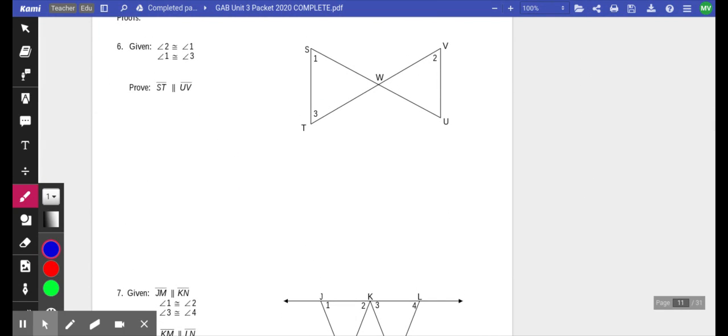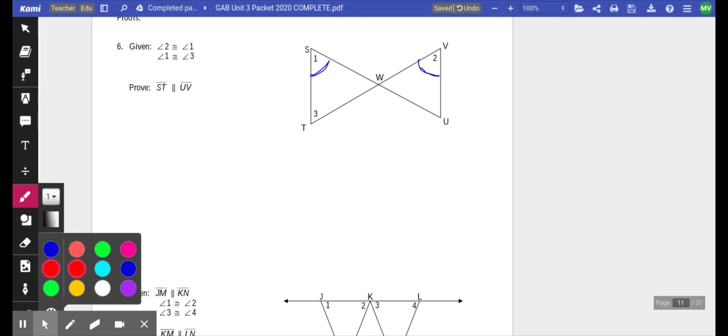So now how can we use this in a proof? So let's take a look at this. We know, based on the given, that angle 2 is congruent to angle 1, and we know that angle 1 is congruent to angle 3. And I want to prove that ST is parallel to UV. So before I start to do any of the work, I'm looking at ST and UV.